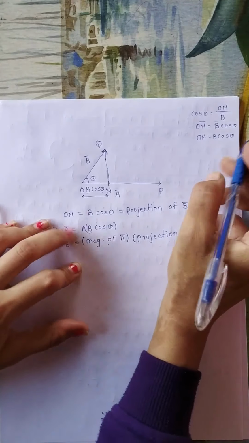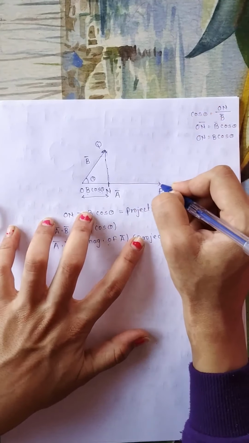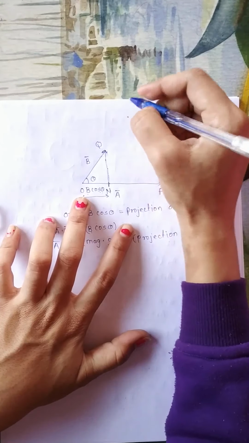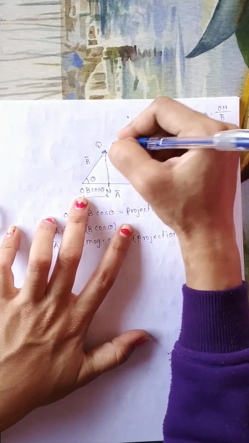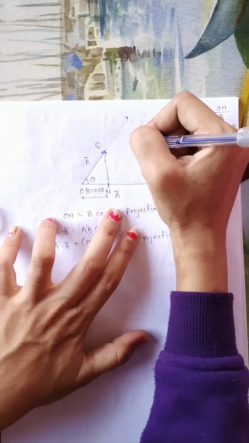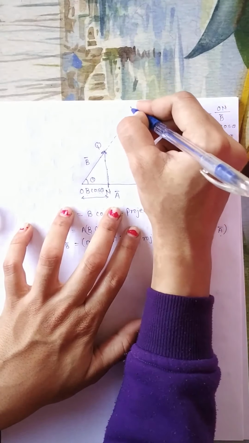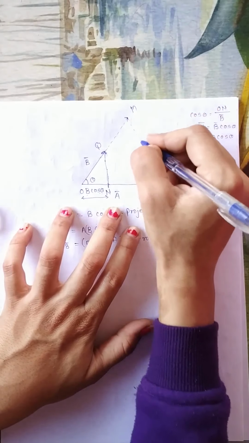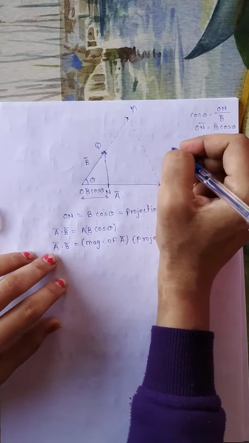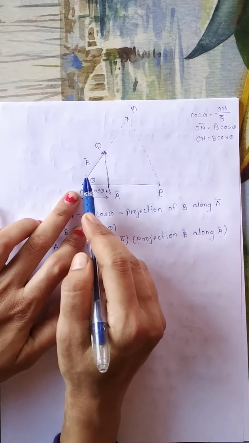To show that projection, this OP should be rotated towards here, and now I will get the projection of vector A along B. So let me call this M, and I can join this also. So here is the projection of OP on B bar.